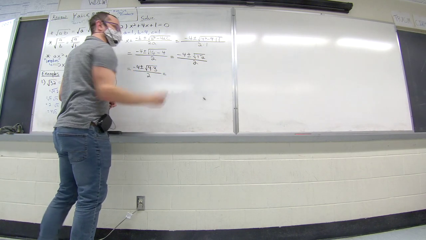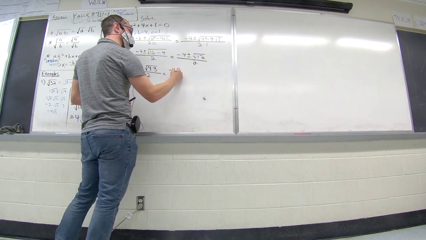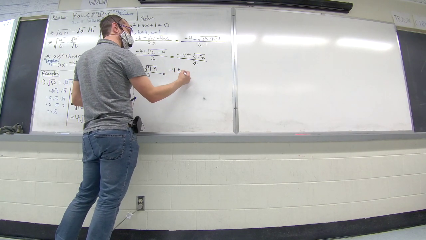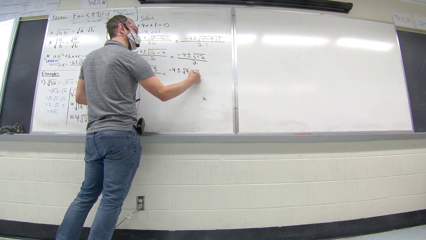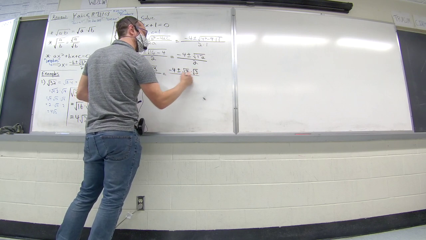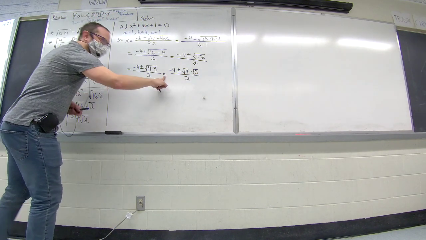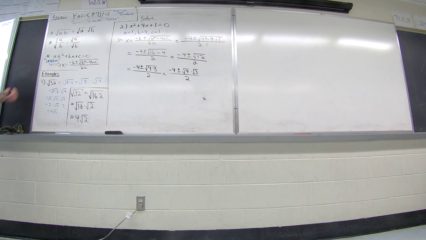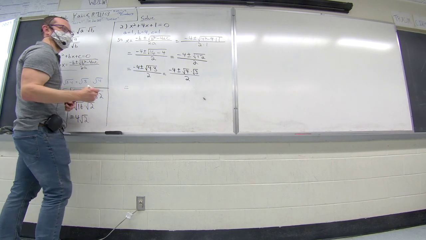Because 4 times 3 is 12. Okay, and now? There we go. And why is this equal sign true? Because of the first axiom. Okay, and now what's the next line?